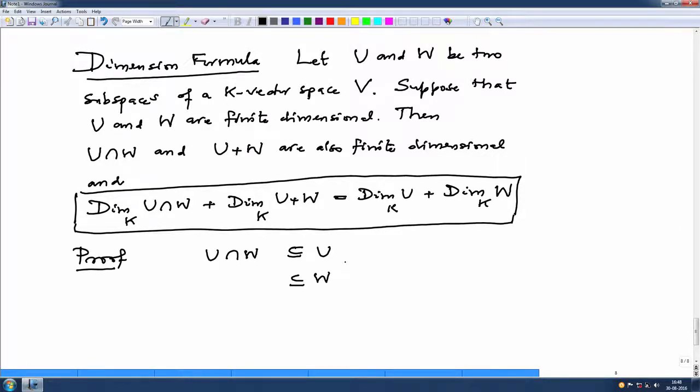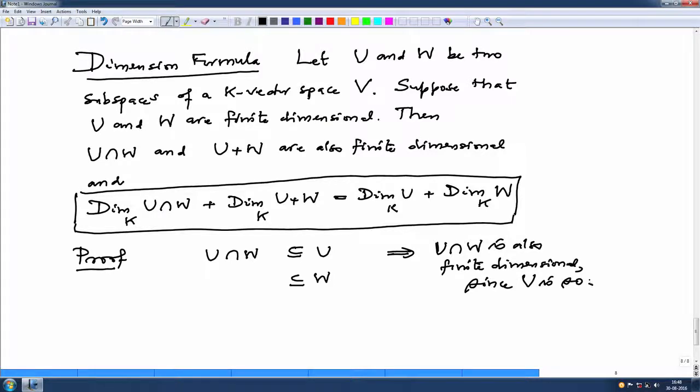So, that proves that U intersection W is also finite dimensional. Now, to prove that U plus W is finite dimensional, and this formula, we will do it together.